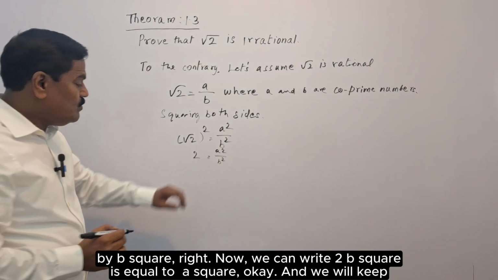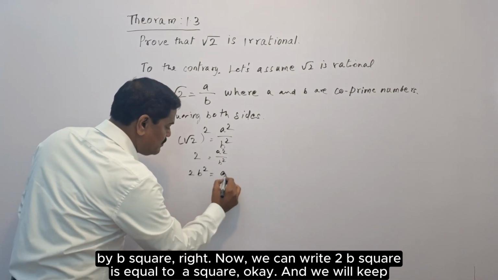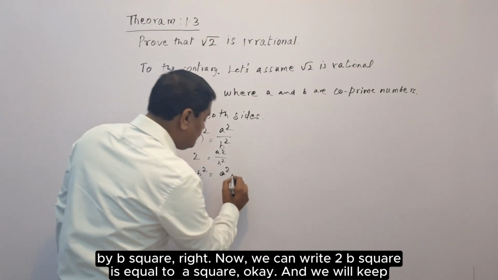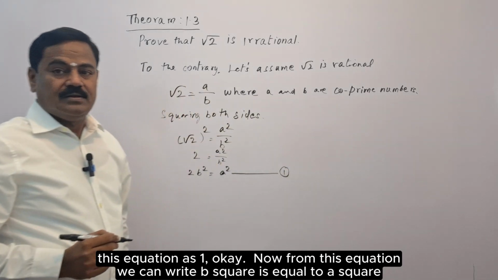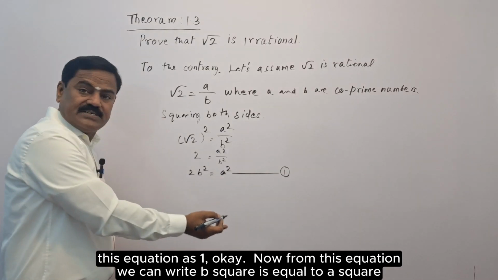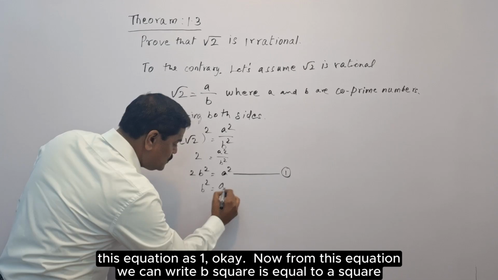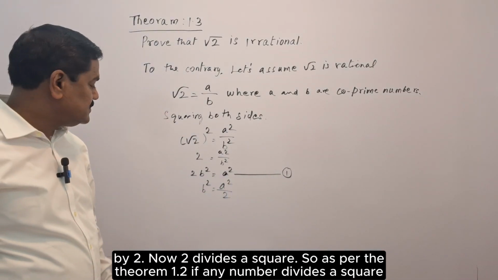Now we can write 2b square is equal to a square, and we will keep this as equation 1. Now from this equation we can write b square is equal to a square by 2, right?